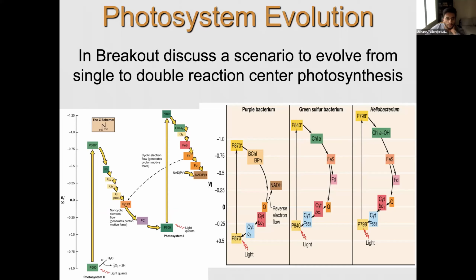Did anybody notice, if you look at the specific carriers and things on the right-hand side, how those might kind of connect? What I'm getting at is, if we were going from the things on the right to the thing on the left, how might that jigsaw puzzle be put together?